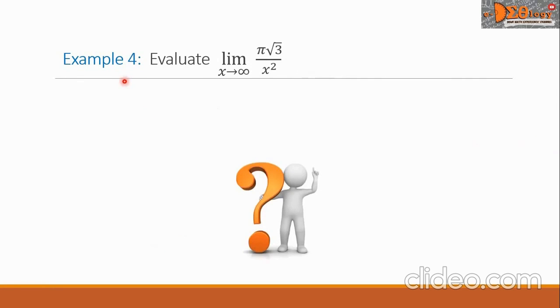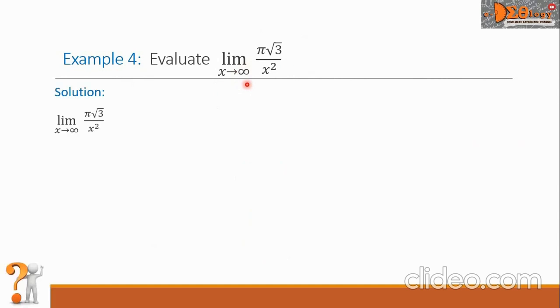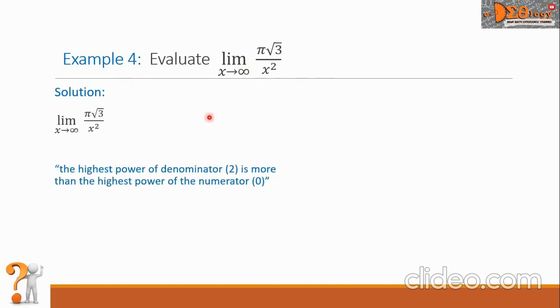Example 4. Evaluate the limit of the function pi square root of 3 all over x squared as x approaches infinity. In this problem, we take note that the highest power of the denominator, which is 2, is more than the highest power of the numerator, which is 0.